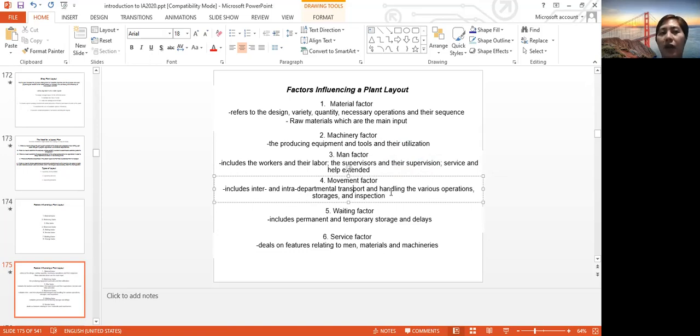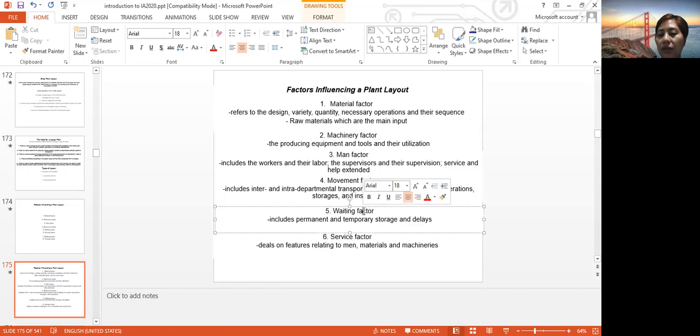If the individuals inside the shop can do their job smoothly because they can move freely and easily in that shop, then they can accomplish their job efficiently.